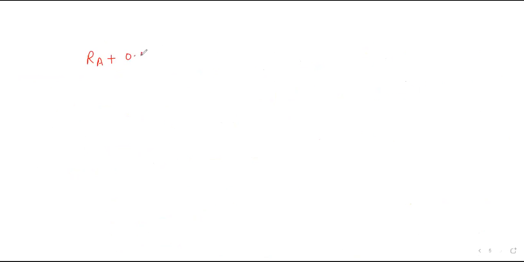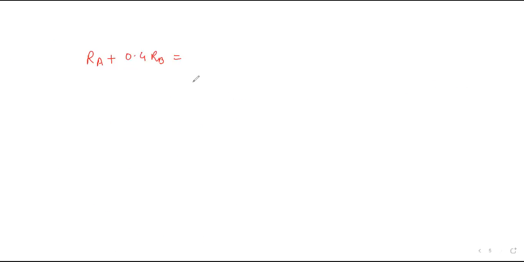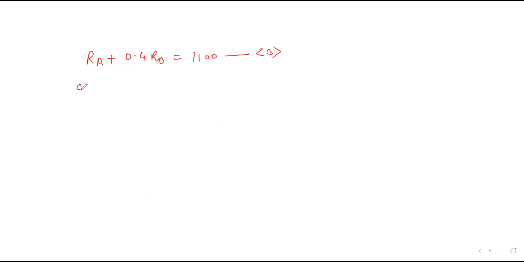So Ra plus 0.4 Rb is equal to 1100. This is your equation number 3. Okay. Now solve equation 2 and 3. So you will get the value of this Ra and Rb.